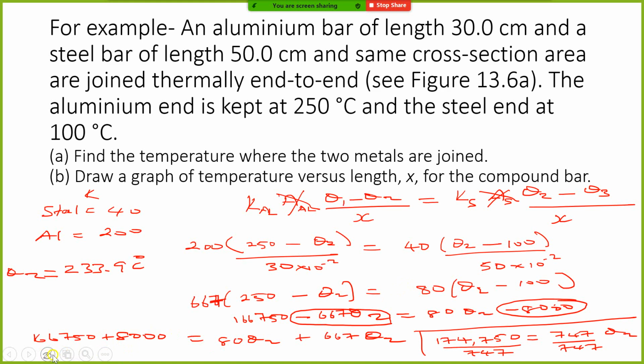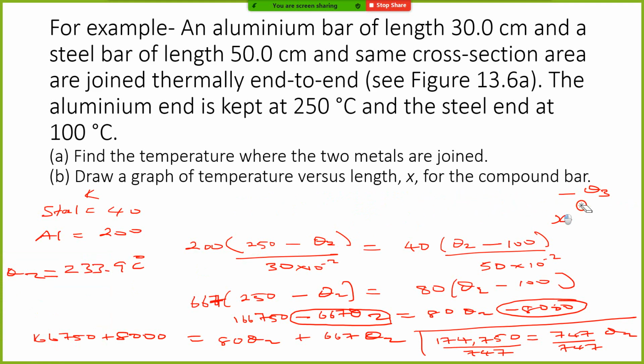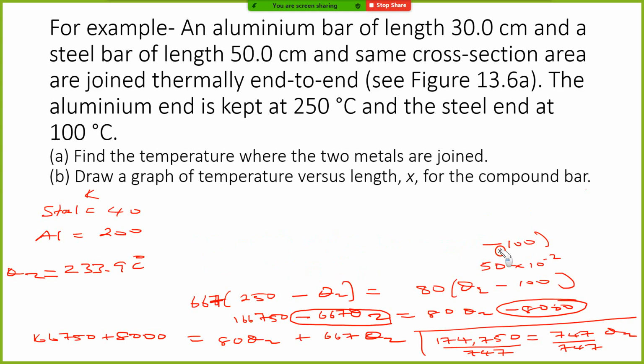All right. So now that we know the final temperature, which is about 234, then we can actually draw the graph now. So let's see if we can go ahead and do that.